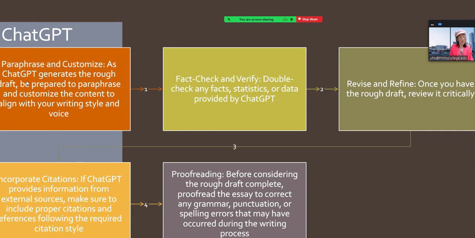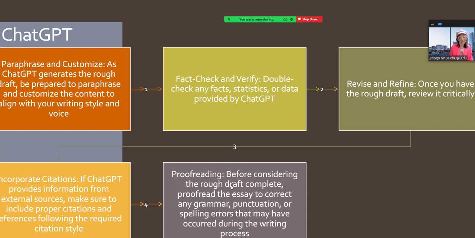As ChatGPT generates the final draft, be prepared to paraphrase and customize the content to align with your writing style and voice. Fact check and verify. Double check any facts, statistics, or data provided by ChatGPT. Revise and refine. Once you have the rough draft, review it critically. If ChatGPT provides information from external sources, make sure to include proper citation and references following the required citation style.